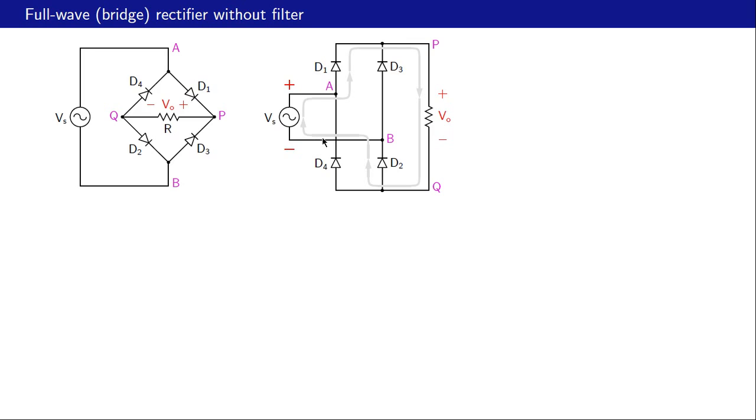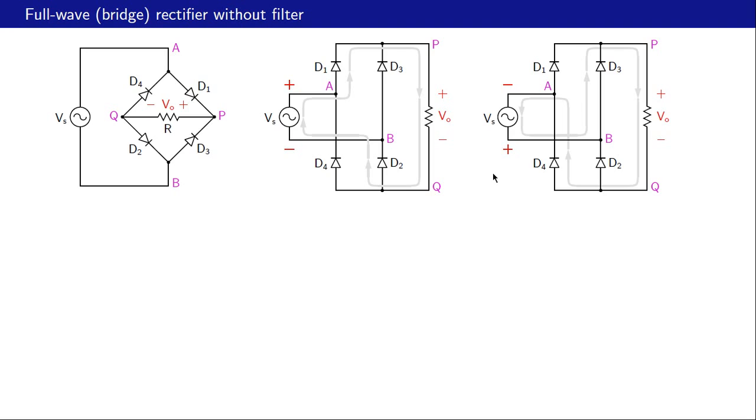In reality, of course, there would be some voltage drops across D1 and D2, V on equal to say 0.7, and then the output voltage would differ slightly from the input voltage. Let us consider the other case now, Vs negative.